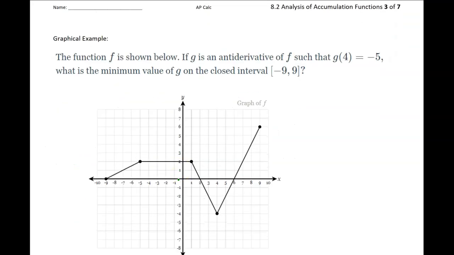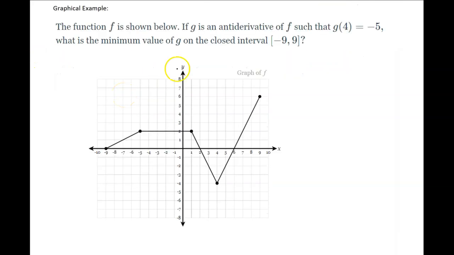Okay, the last thing we're going to consider is something graphical in nature. So we have this function f shown below, and it says g is an antiderivative of f such that g of 4 equals negative 5. That's a little bit tricky written that way, but really what this means is if f is the derivative of g, I can write g down as negative 5 plus the integral from 4 to x of f of t.